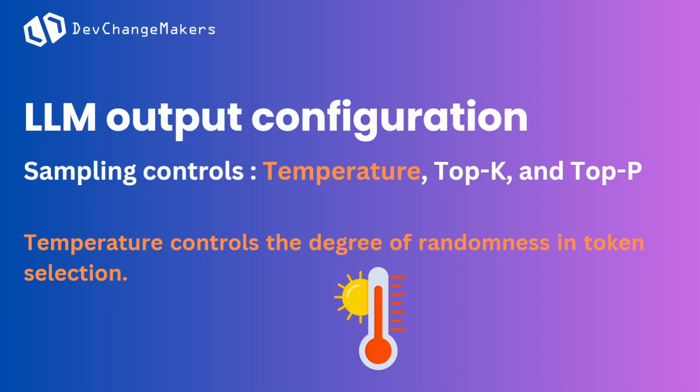The temperature defines the randomness of output generation. If the temperature's value is 0, that means it is more deterministic. And if I set a high value of temperature, it gives me more randomness, or more creative output.